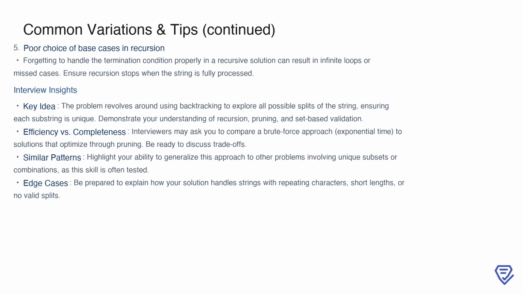Additionally, highlight your ability to generalize this strategy to other problems involving unique subsets or combinations, as this is a valuable skill that interviewers often test. Finally, being able to discuss how your solution handles edge cases, such as strings with repeating characters, very short lengths, or even strings that can't be split further, shows a thorough understanding of the problem.